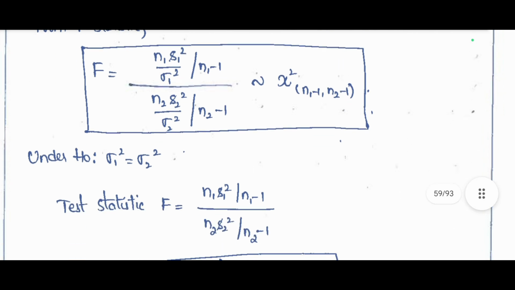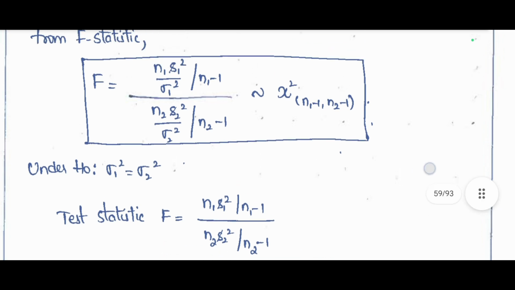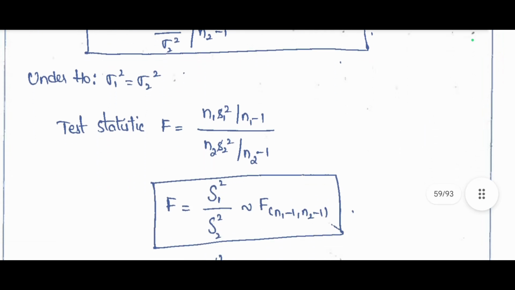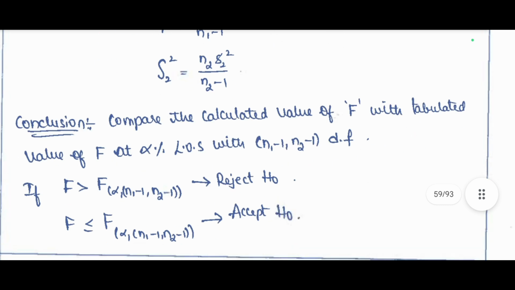Okay, the test statistic under H naught: if sigma 1 square is equal to sigma 2 square, then both get cancelled, and it becomes capital S1 square divided by capital S2 square, right? So what is our conclusion?